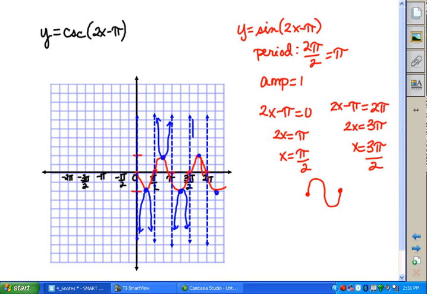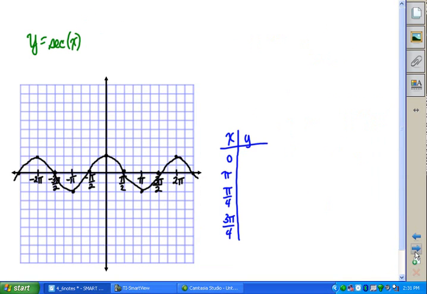And you certainly could continue this in both directions indefinitely. Okay, and there you have it. And you could enter that on the calculator as well, do 1 over sine of 2x minus pi, and you would get the graph. Now let's look at secant x.